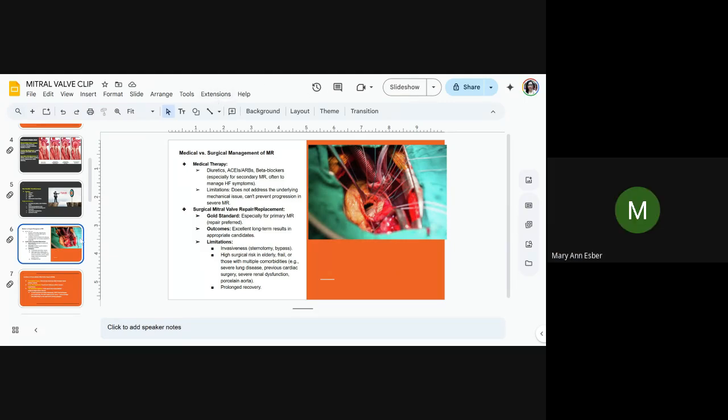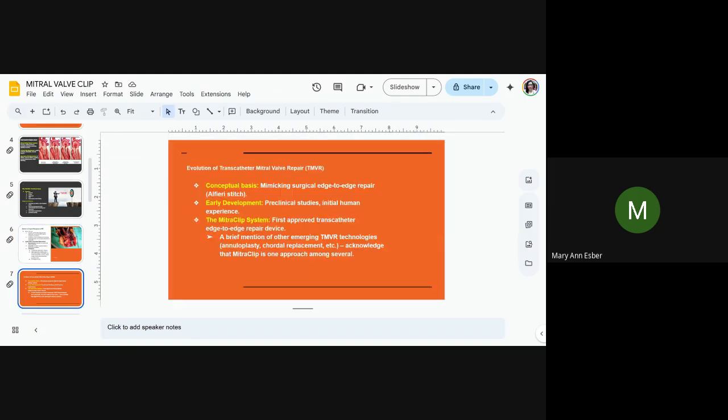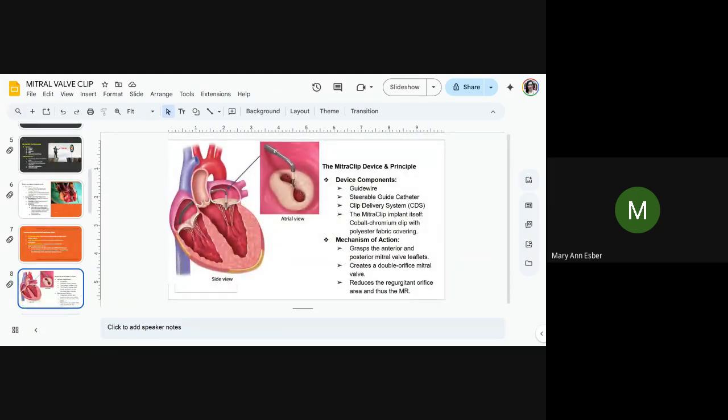So the catheter will be inserted starting from the femoral. The catheter will enter in the femoral, and then it goes to the right atrium, and then to the left atrium.